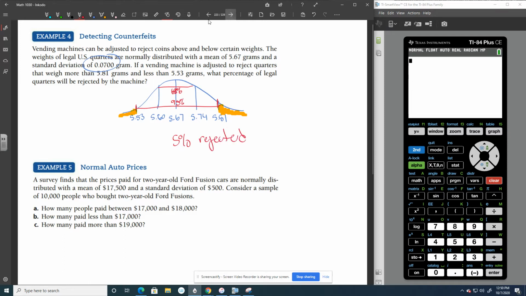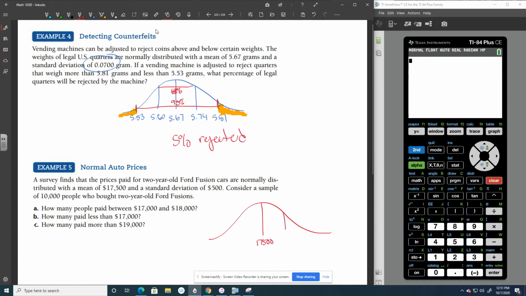Okay. Example 5, a survey finds that the prices paid for 2-year-old Ford Fusion cars is normally distributed with a mean of 17,500. So here's my distribution. My mean is right here in the middle at 17,500, and there's a standard deviation of 500.